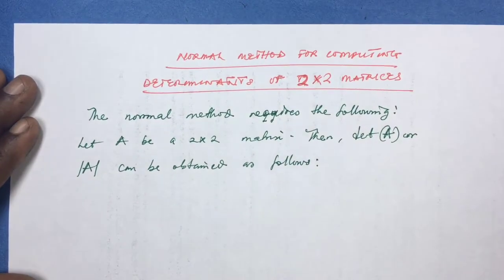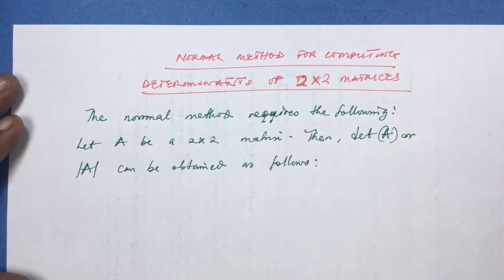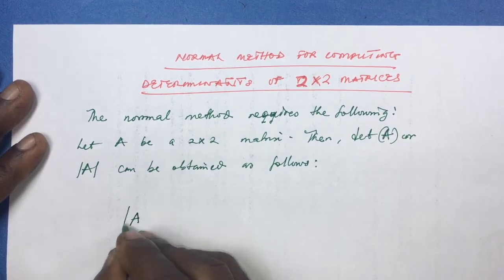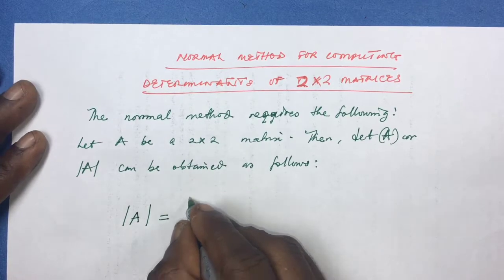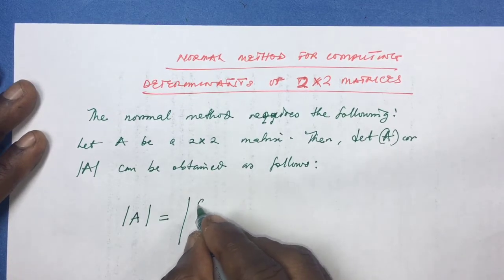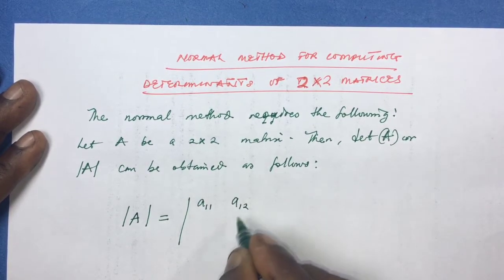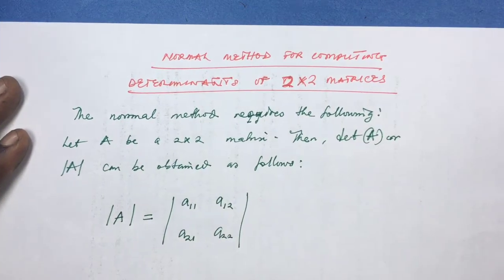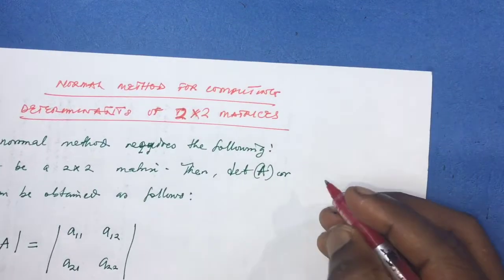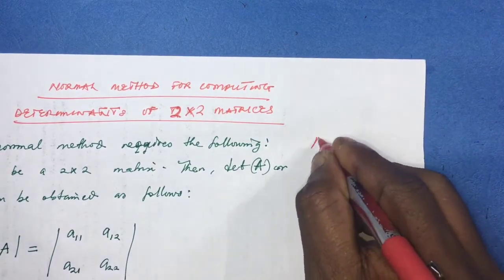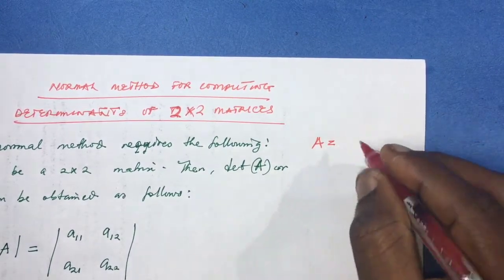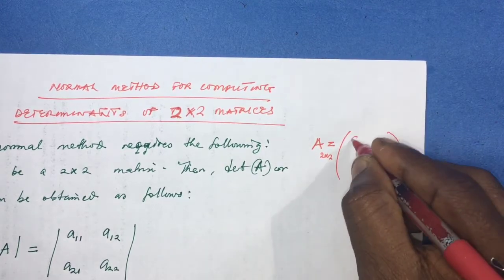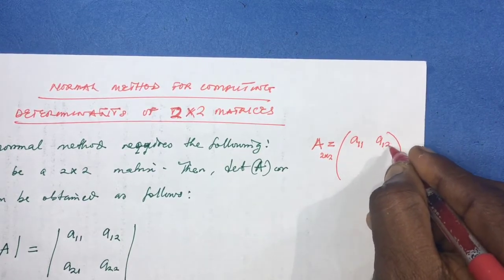So if you want to obtain the determinant of a 2 by 2 matrix using the normal method, all you have to do is this. Write this and then write the matrix itself: A11, A12, A21, A22. Now, if you remember what we had discussed earlier on matrices, the general form of a matrix, if A is a 2 by 2 matrix, remember that we said that this will be the elements of that matrix.